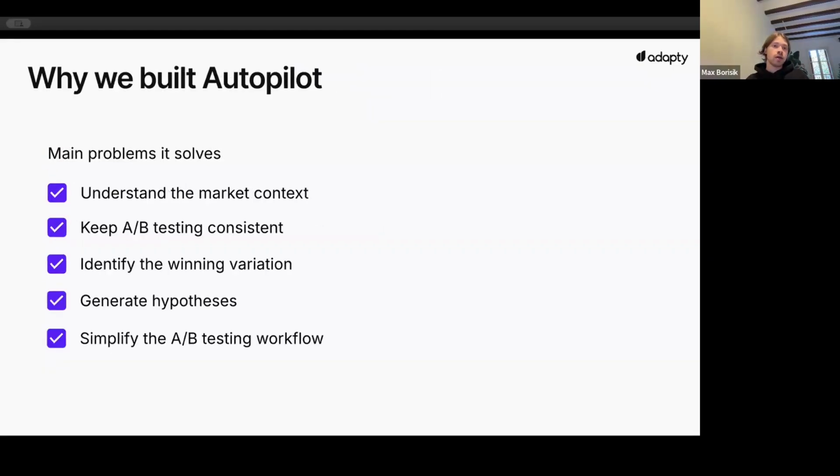And the last piece before we proceed to the Autopilot and the new product I wanted to tell you about is the reasoning of why we built it initially. Because I've talked to many users and tried to understand how they experiment at the moment. And there were, I would say, a couple of issues. And the first of them was that we don't know what to test.